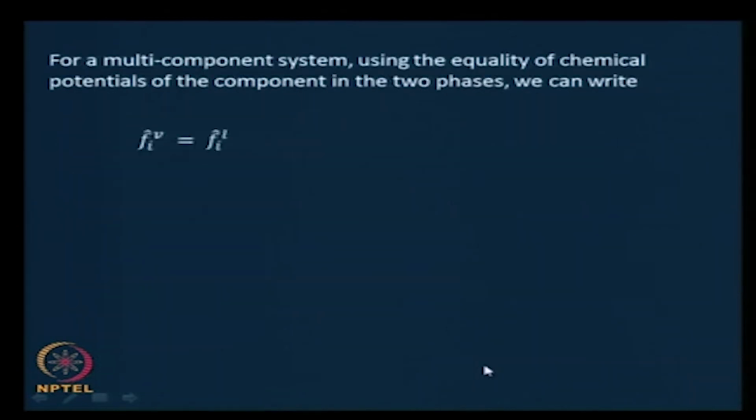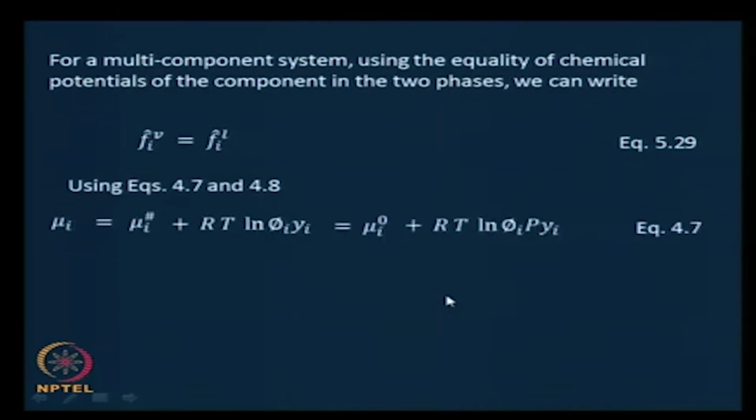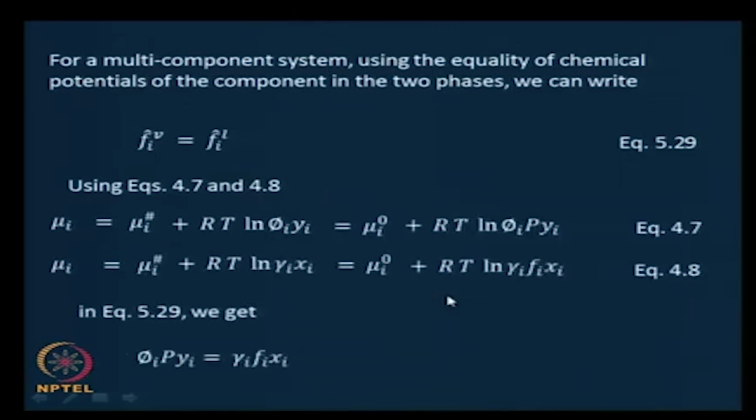And in a multi component system, we saw that the fugacity of the component i in the vapor phase, f_i^V hat, must equal the fugacity of the component i in the liquid phase. And in terms of the expansions, we could get a useful relationship that phi_i P y_i equals gamma_i f_i x_i.